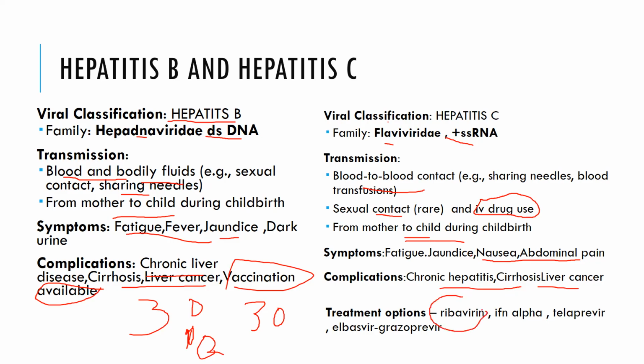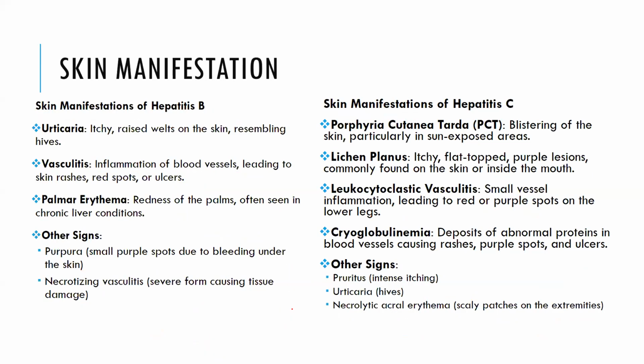Once you have diagnosed a patient, you have a lot of treatment options, though not really available in our setting, but at least if it is possible, we can get ribavirin, we can get interferon alpha, and then these other drugs are not really available. The elbasvir and grazoprevir combination is not yet available, but at least interferon alpha and ribavirin can maybe be accessed.